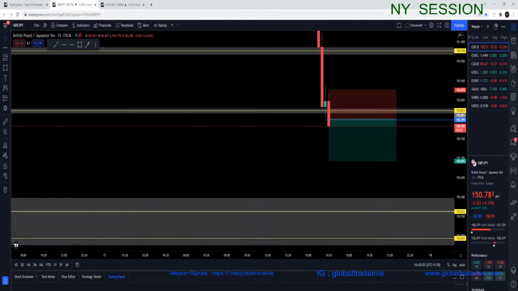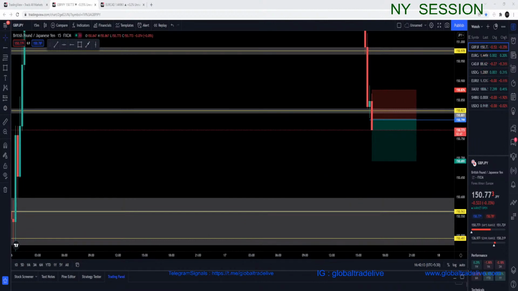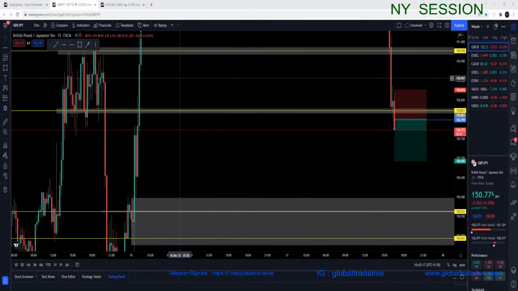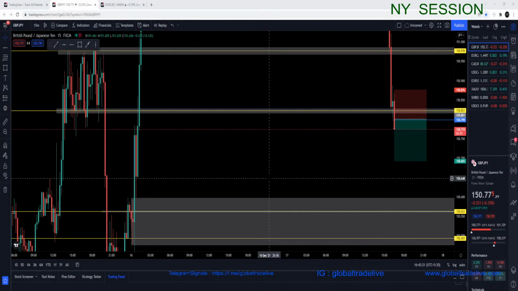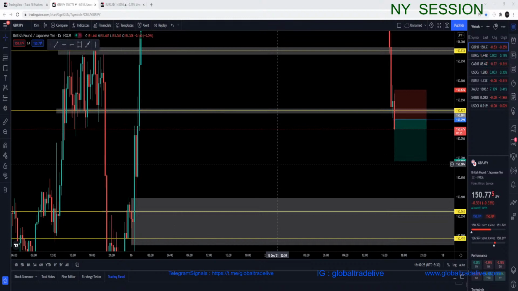The trade is running in 2 pips of profit right now. 2.5. Now it's exiting this area from the left, so with volume it should be moving all the way down from here.